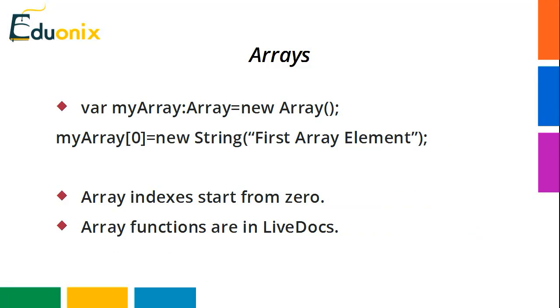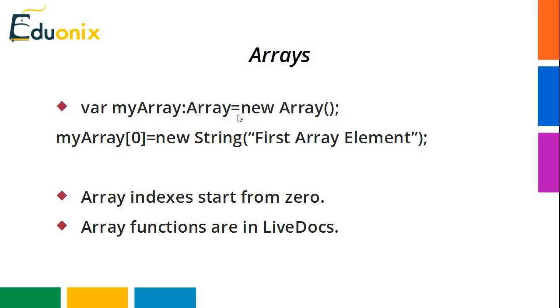Here is an example of an array being created. It's a variable, so it uses the same syntax that we've come across before. The var keyword is used, and then I've given it a name. Then there's a colon, and then there's the variable type.